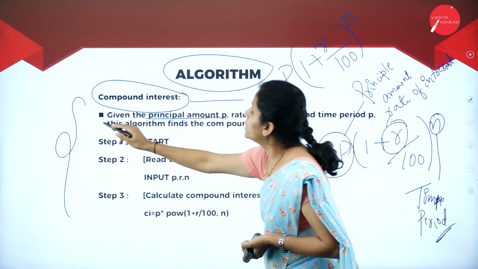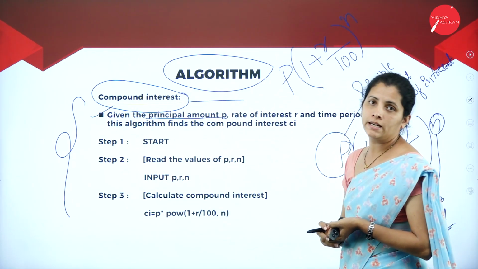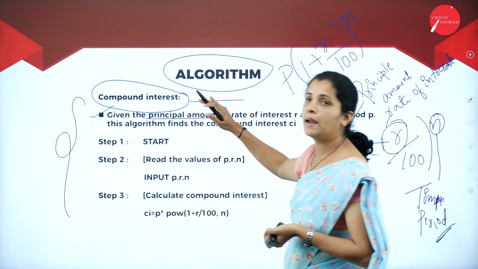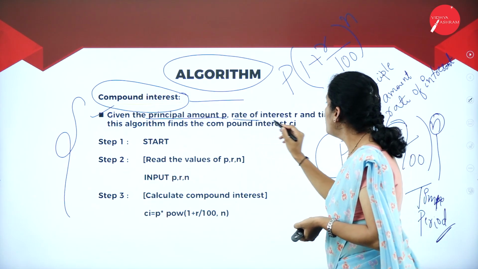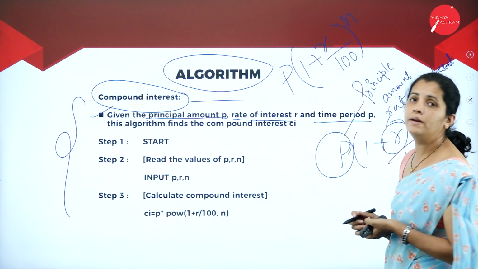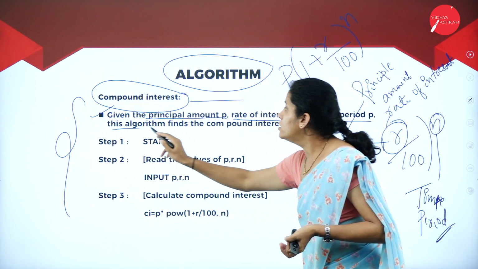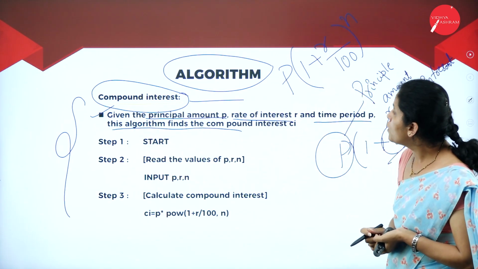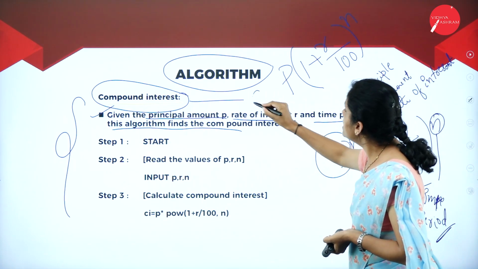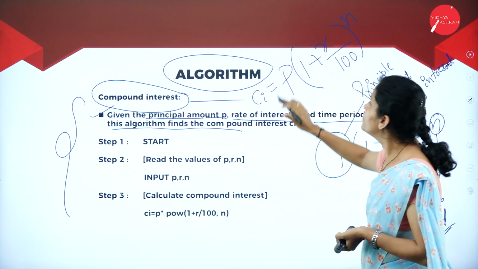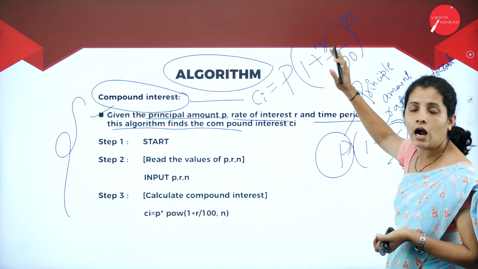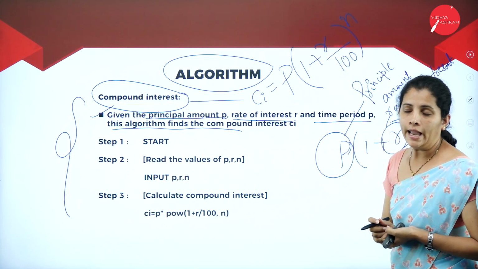Then what is the problem statement I'm going to have here? That is, given the principal amount P, rate of interest R, and time period n, this algorithm is used to find the compound interest CI. That means CI equal to P (1 + R/100)^n.